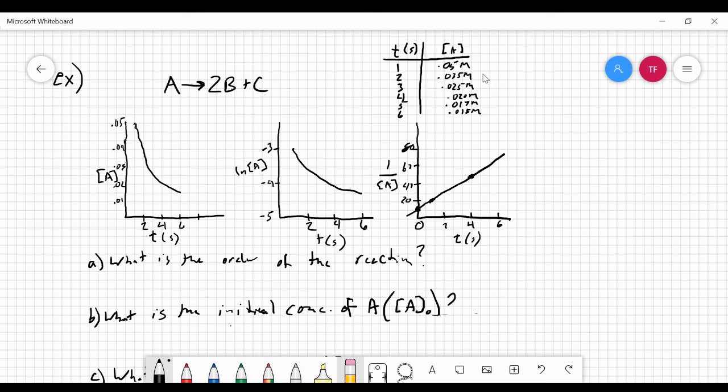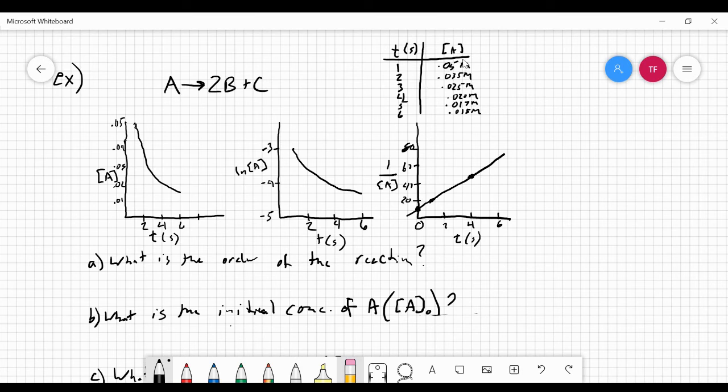We took this data and graphed it. We graphed just the concentration of substance A versus time, and here is the graph of that data, concentration of A versus time, and it gives us a curve. We then took the natural log of all these concentrations and graphed that versus time, and we got this graph.